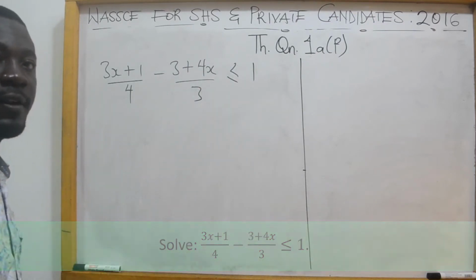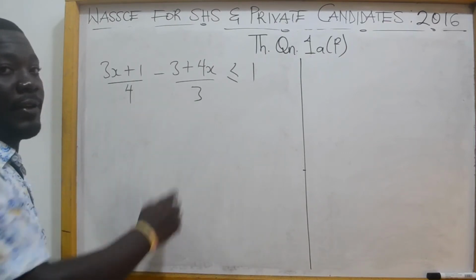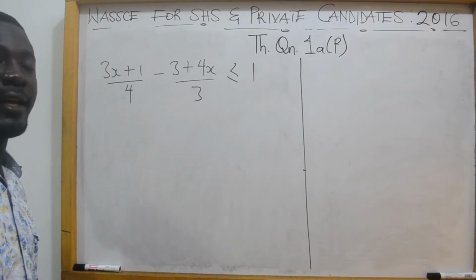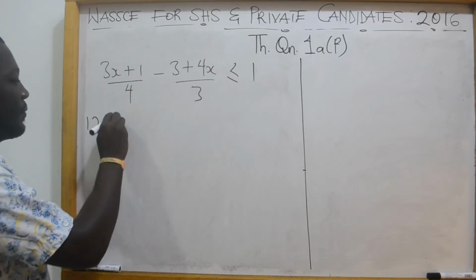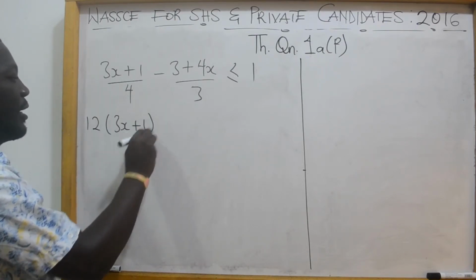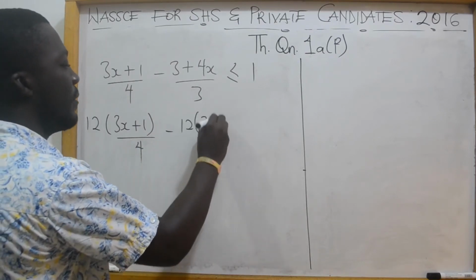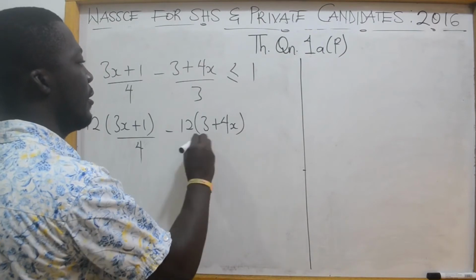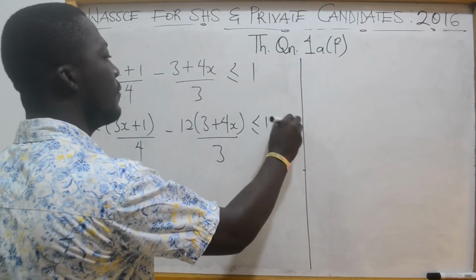So first of all, we find the least common denominator or multiple. So 4 and 3, the least common denominator is 12. So we multiply the 12 by each of the terms. So 12 divided by 4 minus 12 to bracket 3 plus 4x over 3, less or equal to 12 times 1.